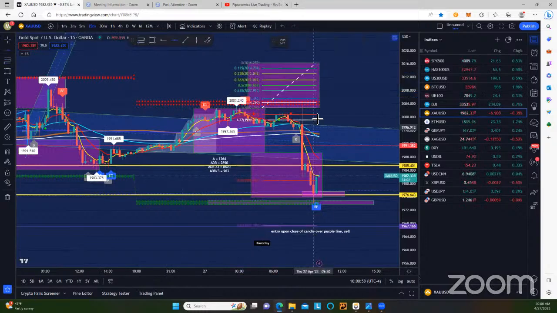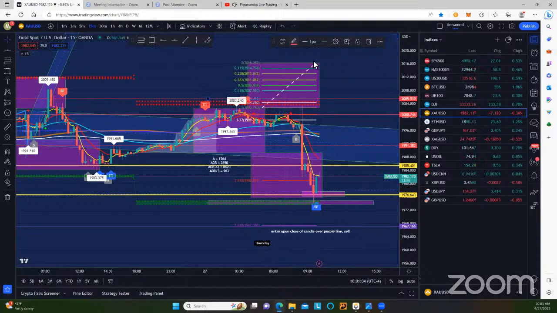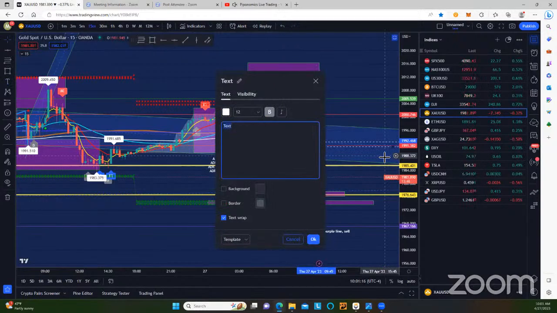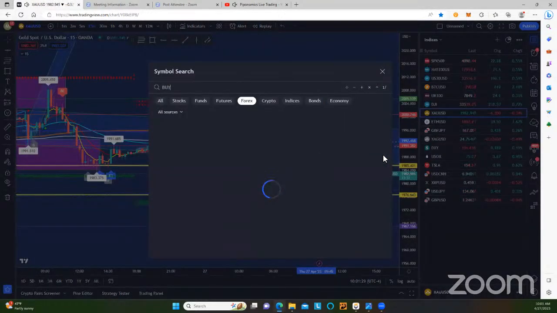There's opportunity for TP, and then opportunity to buy. Boom. Okay. So I just leave myself a note: entry upon close of candle over red line.